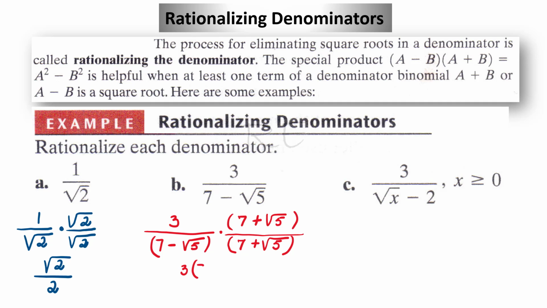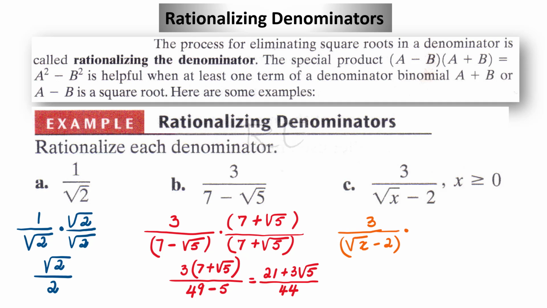The numerator becomes 3 times 7 plus square root of 5, and the denominator a difference of two perfect squares. 7 squared, which is 49, minus square root of 5 squared, which is 5. 3 times 7, 21, and 3 times square root of 5, 3 square root of 5. 49 minus 5 is 44.